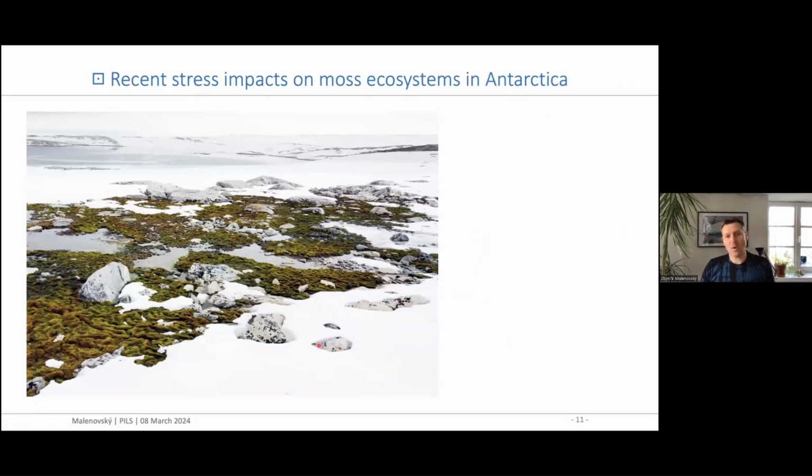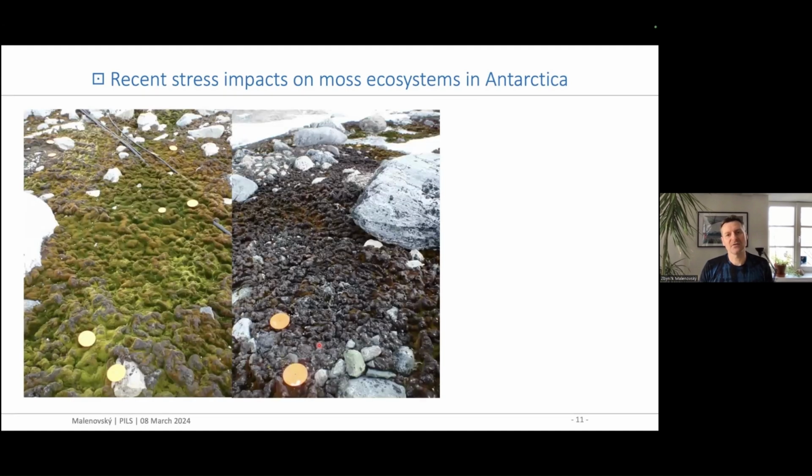Now, why are we interested in this problem? The Antarctic shore is populated, not everywhere, but wherever there is fresh water, liquid fresh water available, by mosses. These are the only higher plant forms growing in Antarctica, in a true Antarctic environment.